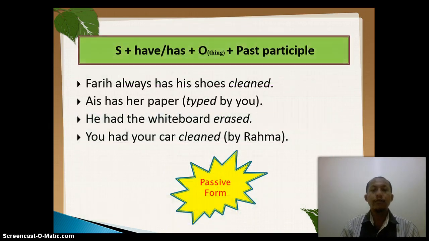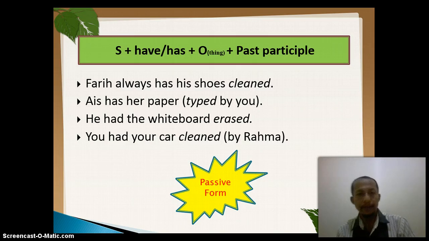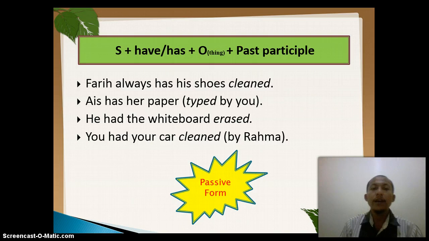This is for the passive form. In the passive form, you have to put the object after has or have. Like Fari always has his shoes cleaned. After the object of things, you have to use the past participle.